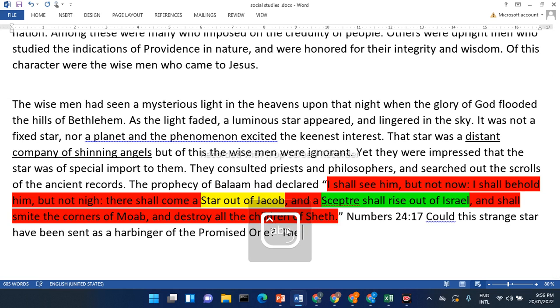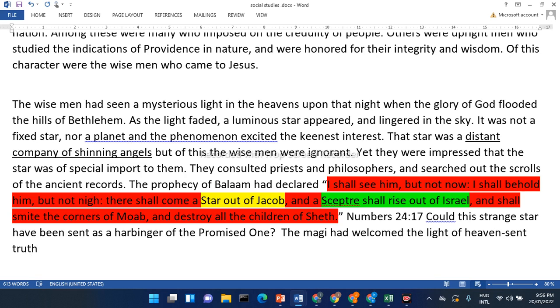So the Magi, or the wise men, had welcomed the light of heaven, sent truth.